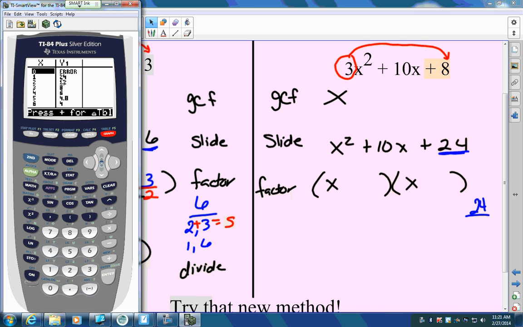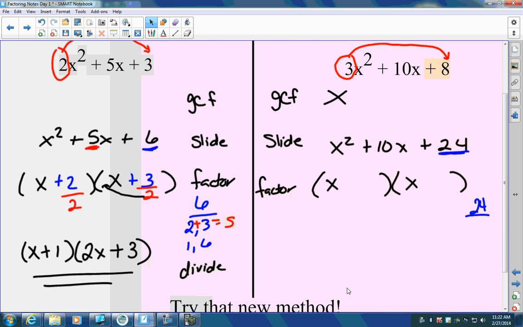See how it says 1 and 24? 1 times 24 is 24. 2 times 12, 3 times 8, 4 times, it gives you all your factors. So look for your whole numbers. We need the factors that add up together to give us 10. Which numbers on this screen give me 10? 6 and 4. So my factors are going to be 6 and 4. You can always use the calculator to do that, okay?